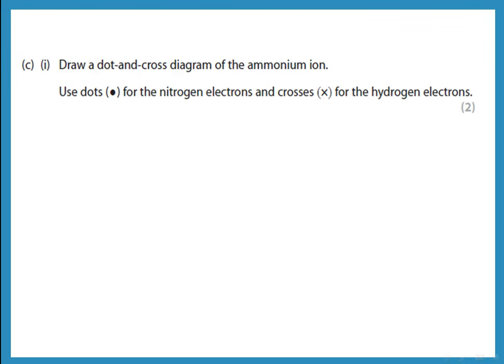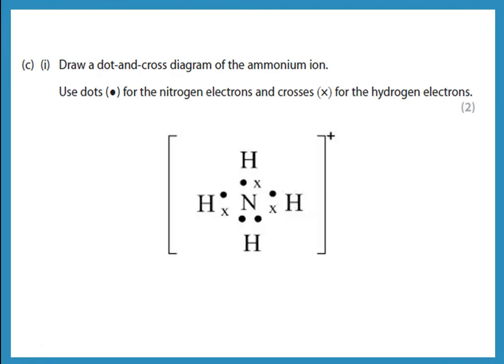Okay, draw a dot and cross diagram of the ammonium ion. Remember that ammonium means I have nitrogen with 4 hydrogens around it. Now the nitrogen is in group 5. That means it needs 3 electrons, so it is sharing 3 electrons with 3 hydrogens. But then the ammonium ion is formed by forming a dative bond with an H plus.